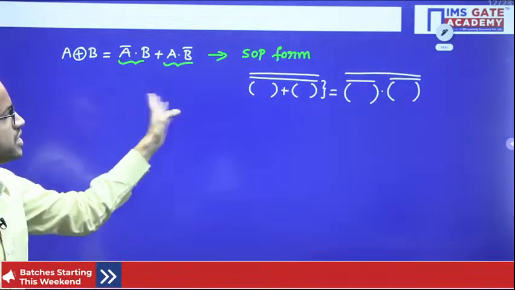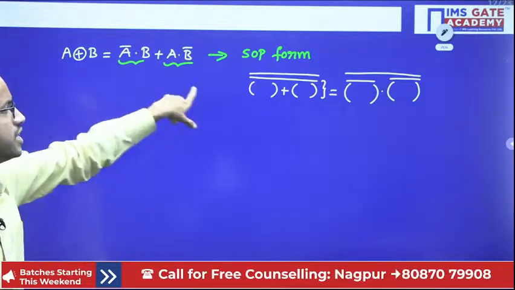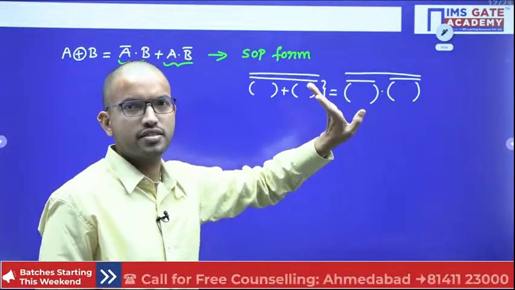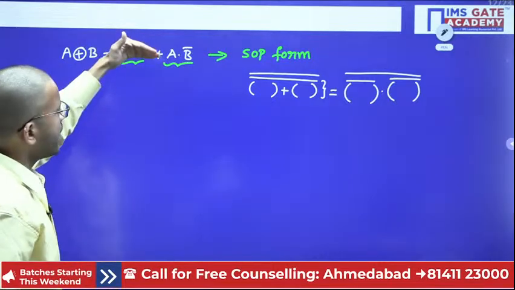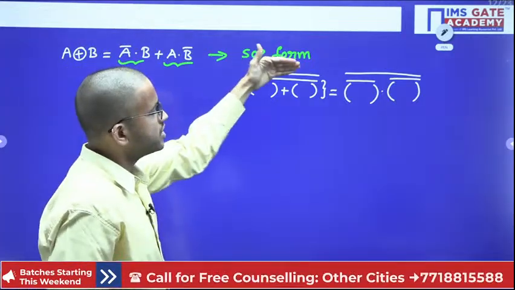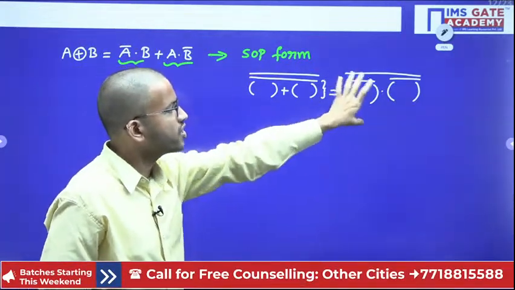In this way you can implement. Regarding that, we already discussed with the help of NAND gates. The original function we have applied 2 times complement, for the inner complement we have used De Morgan's law, and we got it like this.